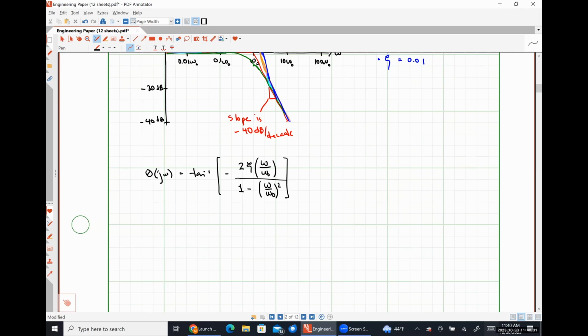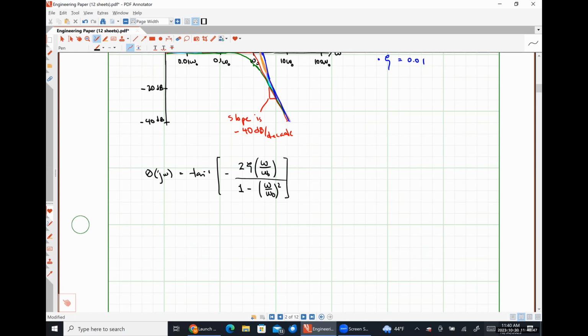So we can see that at very low frequencies, effectively we're going to just have the arctangent of 0 over something close to 1. Well, the arctangent of 0 is 0, right?